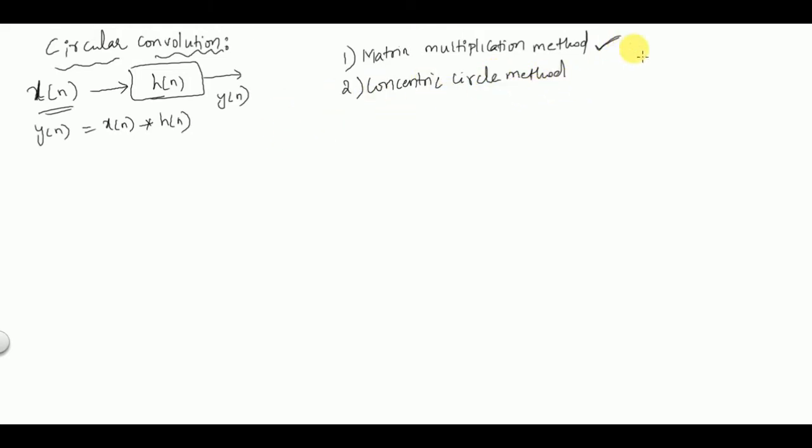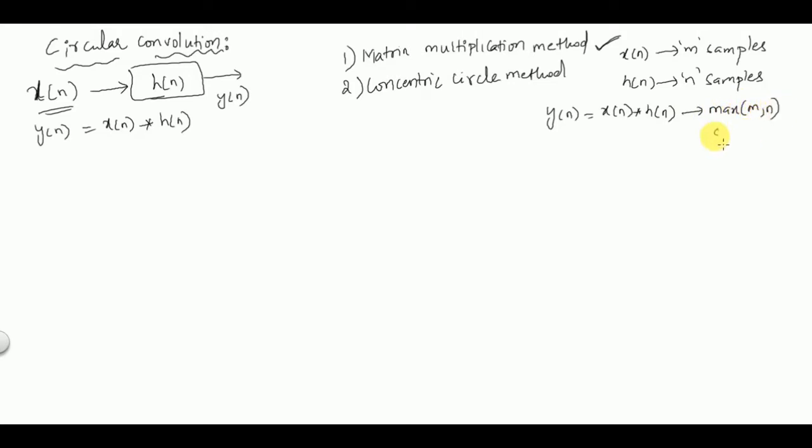Generally, suppose x of n has m samples and h of n has n samples. Then y of n, which is the circular convolution of x of n and h of n, will consist of a maximum of m comma n samples.